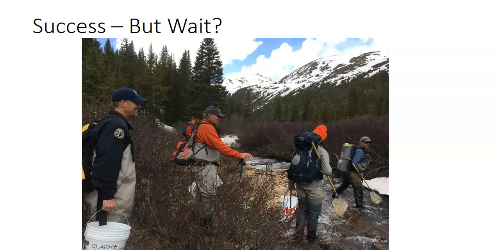Okay, but that's not the end of the story for the greenback cutthroat trout. Remember how I said that when she first started looking at the genetic makeup of these fish, the genetics just didn't match up with what you would expect, where you'd have isolated pockets and different strains, different subspecies of fish, and genetics that were similar among fish in similar areas, right?